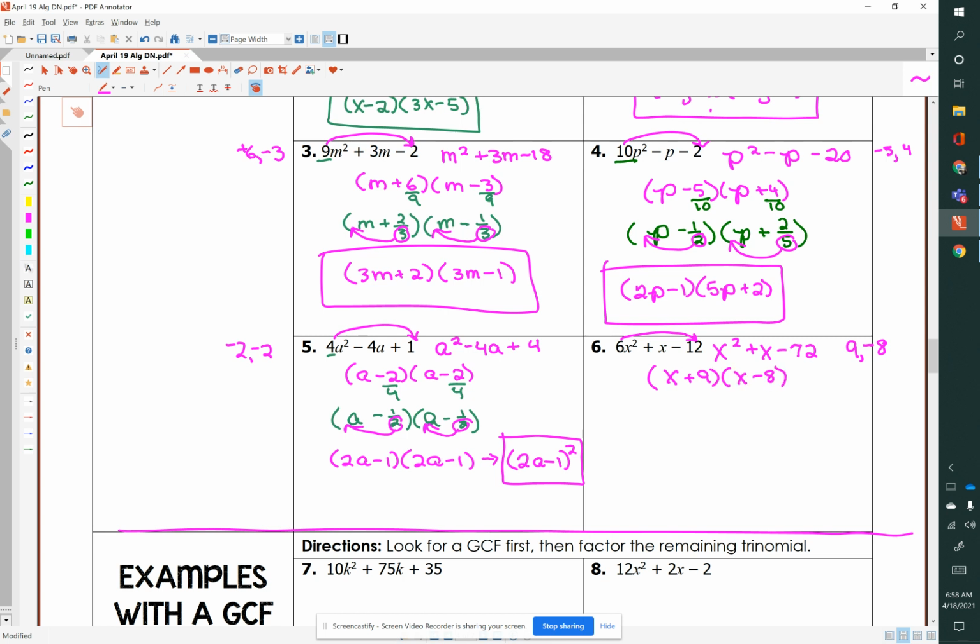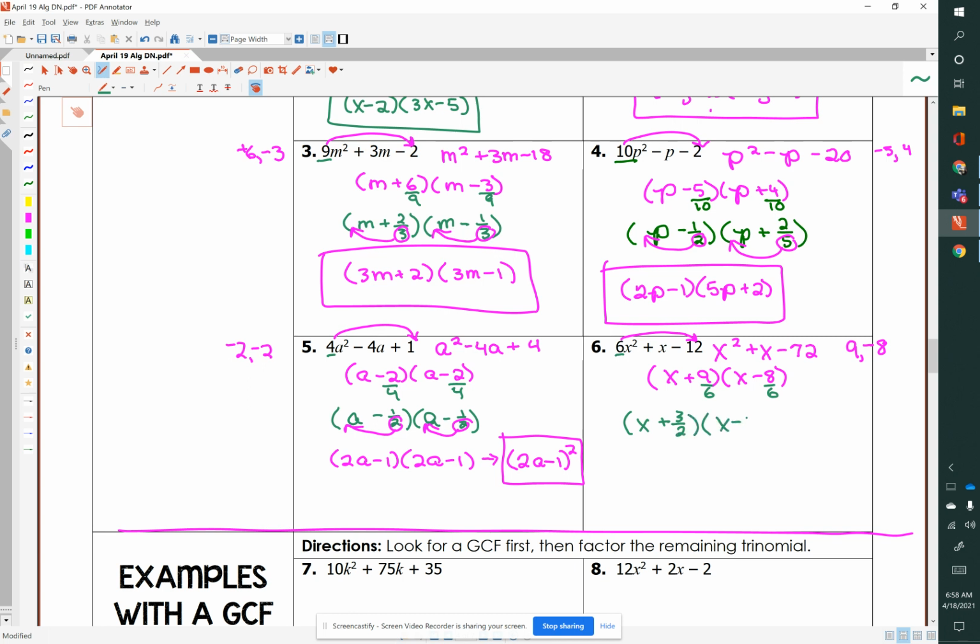Now I'm going to take that leading coefficient of 6 and use it as a denominator under the 9 and the 8. And I will simplify my fractions. X plus 3 over 2. Doesn't matter that it's an improper fraction, that's okay.